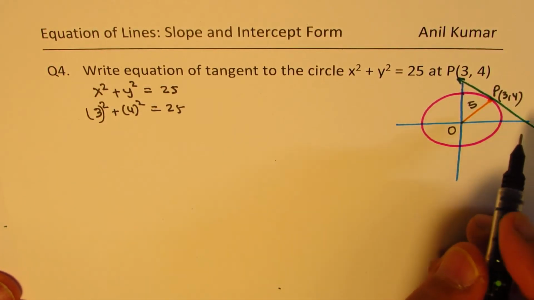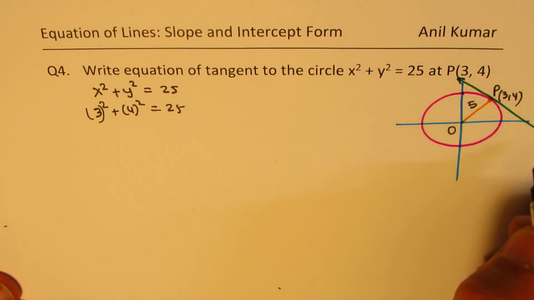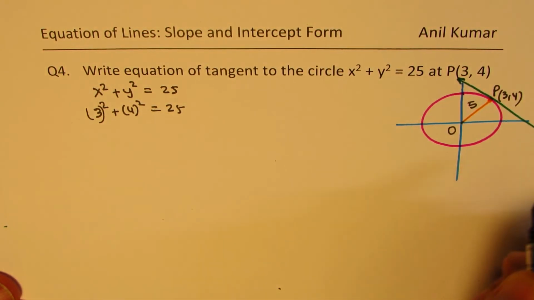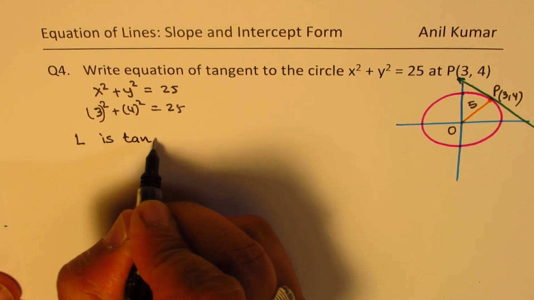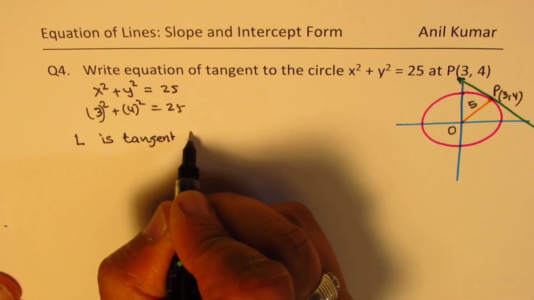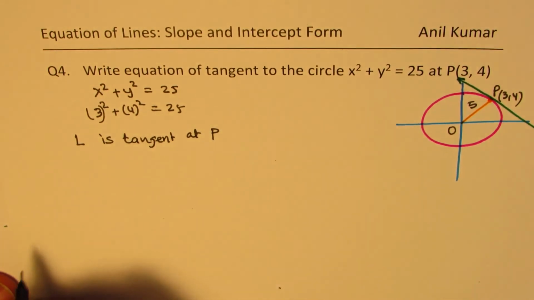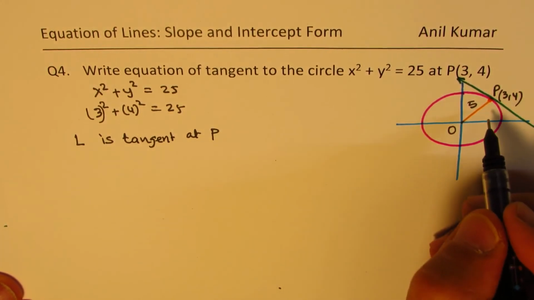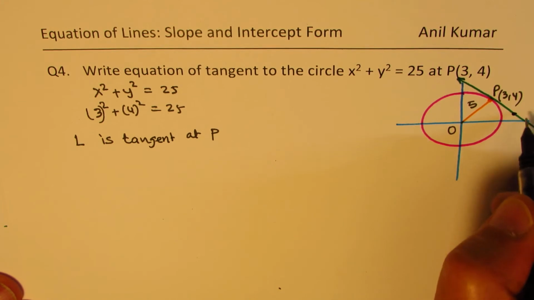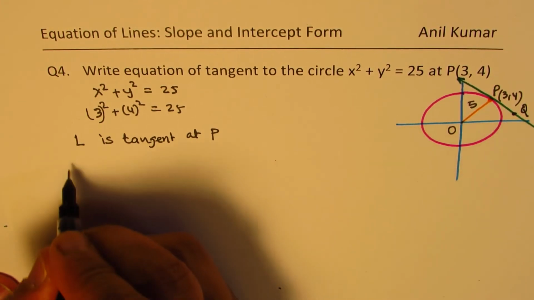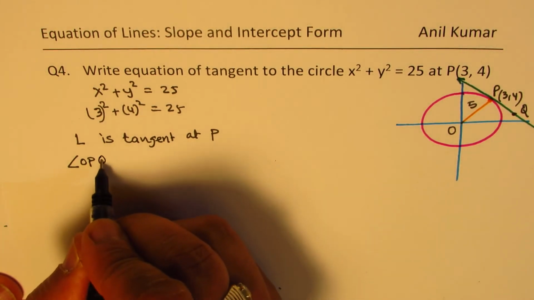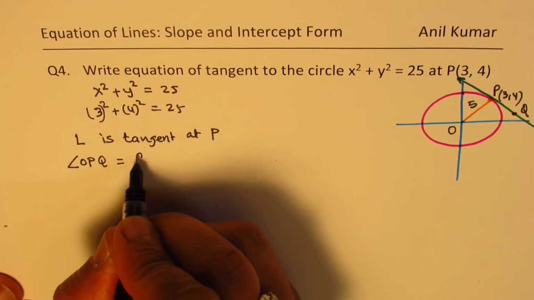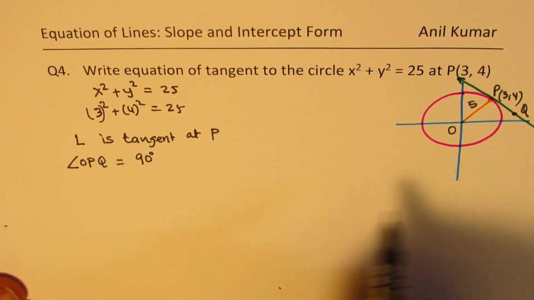Now, we're talking about the tangent line L, right? So the line L is tangent at P, right? So that really means that, taking any other point Q on this line, the angle OPQ will be equal to 90 degrees, right?